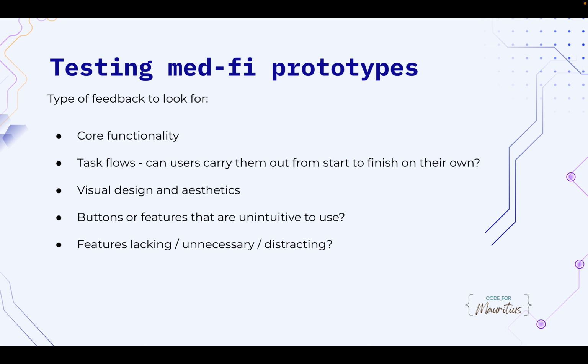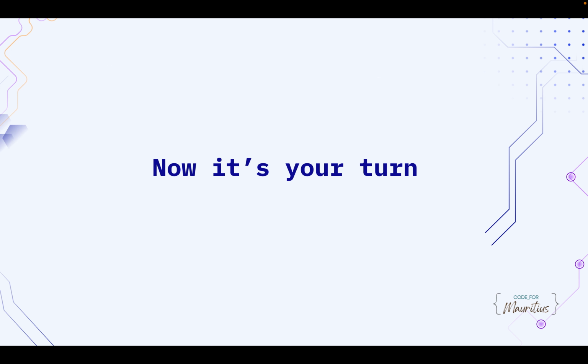Or you can ask them about the different buttons or features, how intuitive or unintuitive they are to use. And you can also ask about what features seem to be lacking or unnecessary or even distracting, so that you can refine the core features of your prototype.